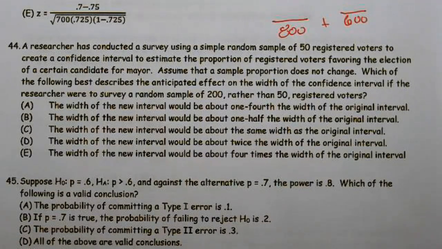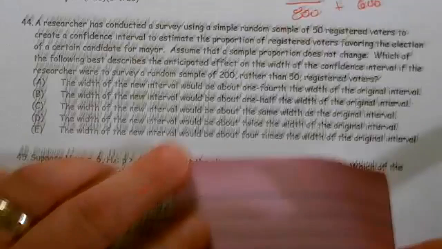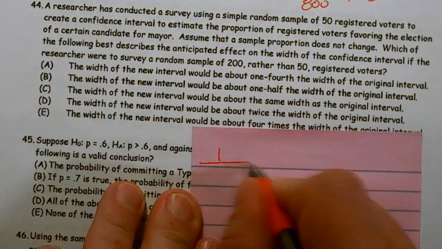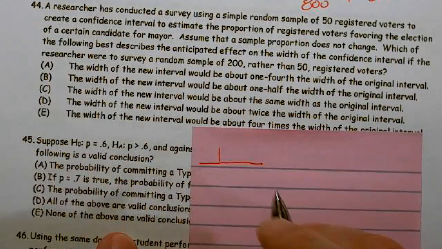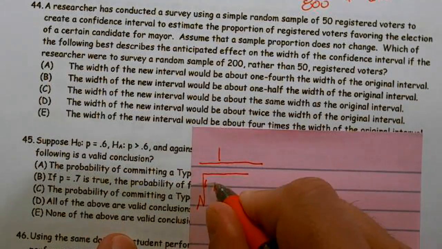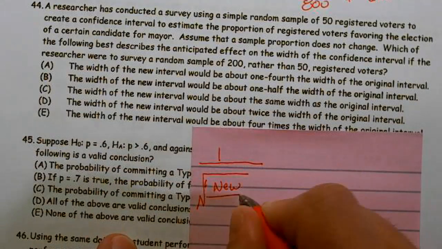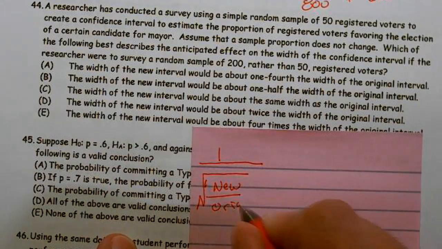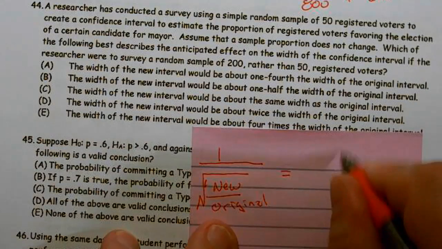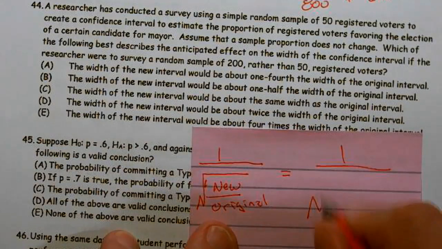So this is where we're going to use Mr. Spencer's little formula, which is, what's the impact on a sample size? 1 over the square root of the new over the original. Our original one was 50.